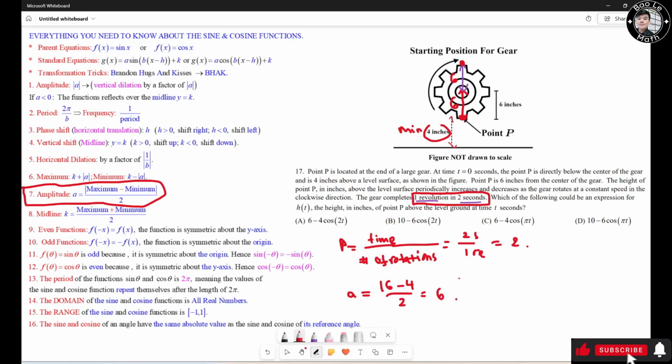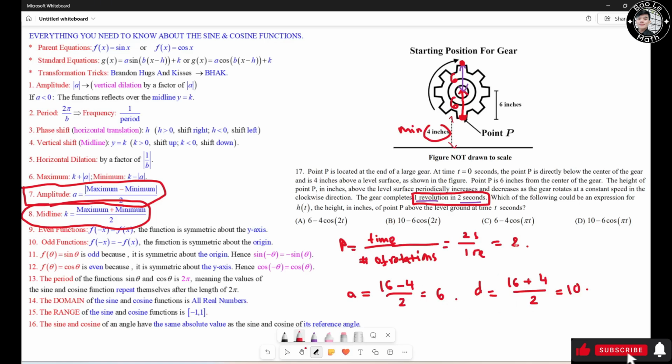Now, we need to find the midline. The midline, it should be D equals maximum plus minimum divided by 2, right? So it could be 16 plus 4 divided by 2. So it could be 10, right?